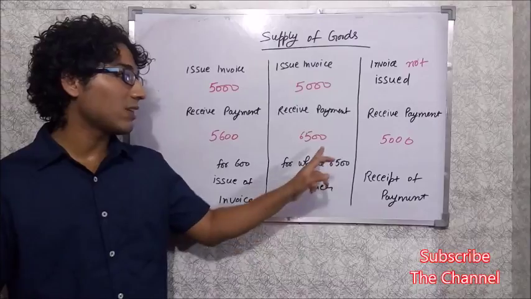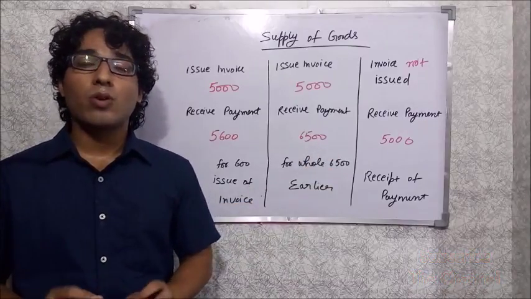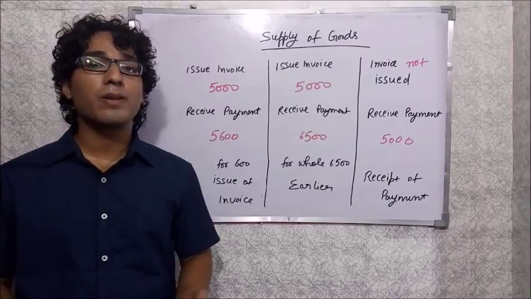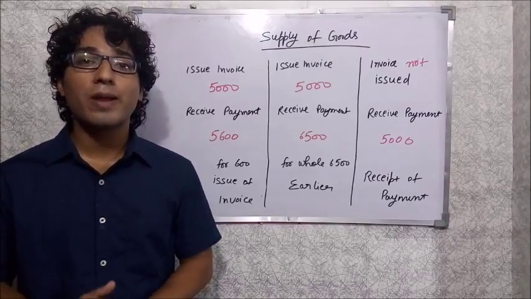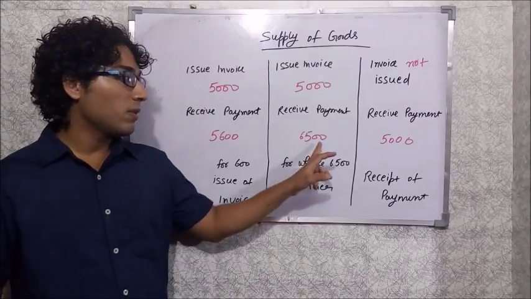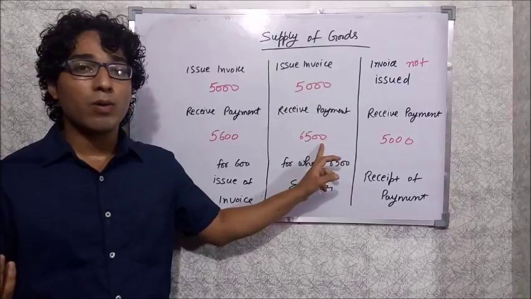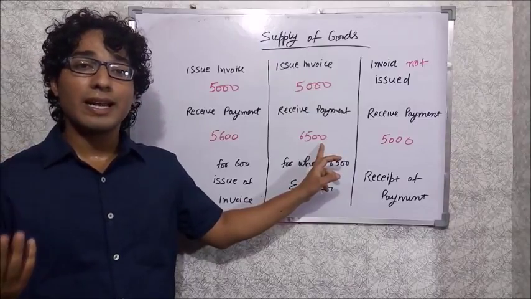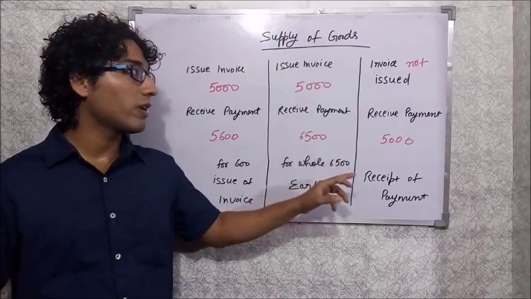So for the whole 6500 rupees, the time of supply of goods will be determined as per the normal provision. The advance payment proviso will not be applicable in this situation because the amount exceeds 1000 rupees, so it will not work here.